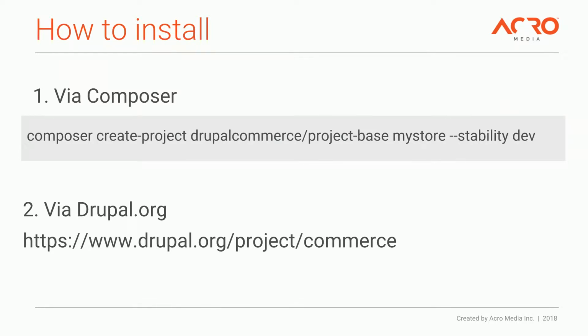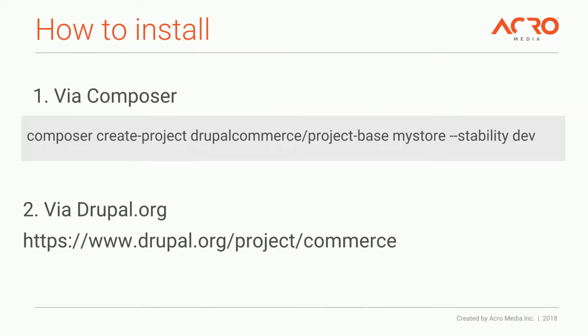First you have to install Composer. You know what Composer is? Okay. So with the easy command you have everything set up, just run it and install your database. You have all the dependencies for Drupal Commerce.